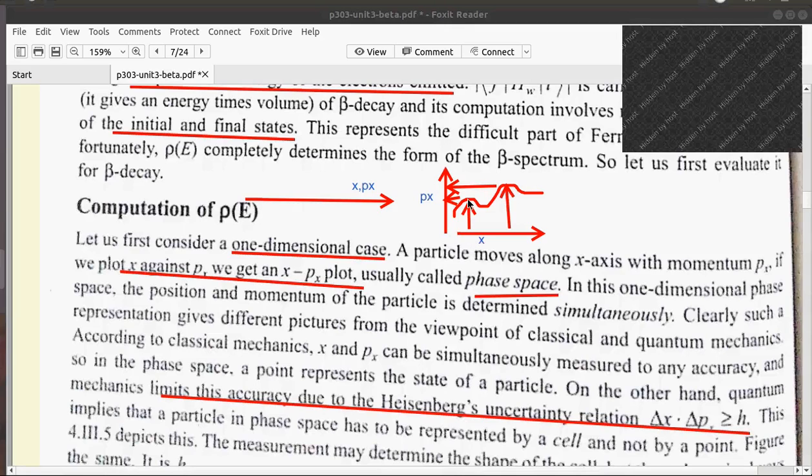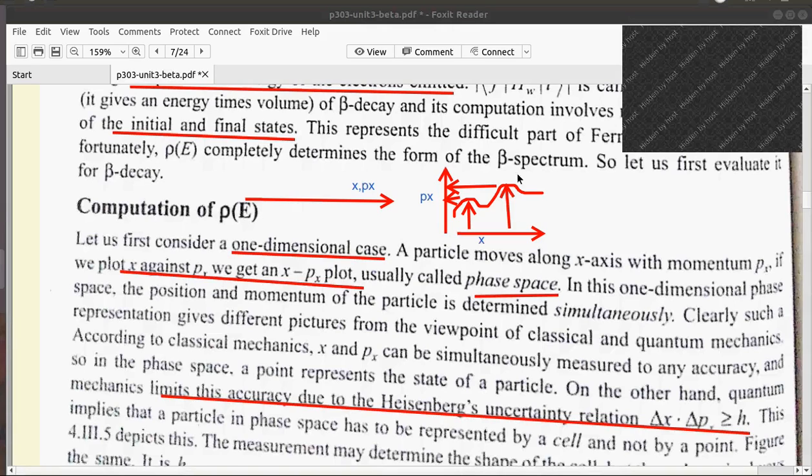So if I consider one particular point like this, then this x position corresponds to this momentum. So from each point on this line we can find the information regarding the state or the condition of the particle.